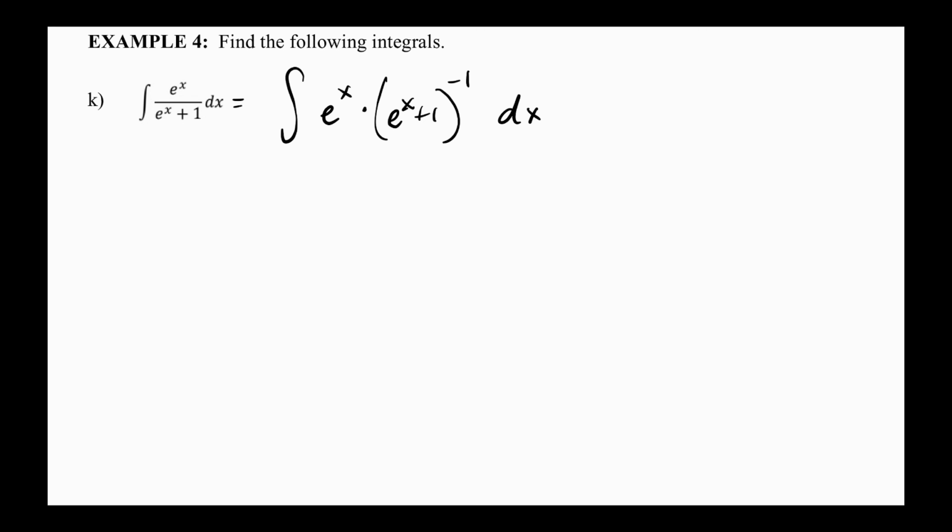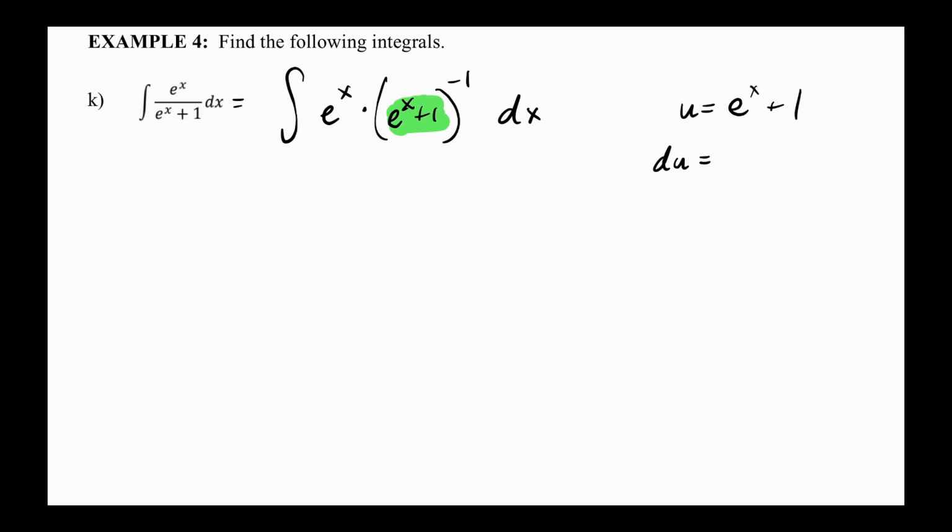So say that one more time. Is it the u? Let's try it. There's only two options. So if we get it wrong, we know what the answer is. So let's try it. So let's see, u is e to the x plus 1. Okay. Du.